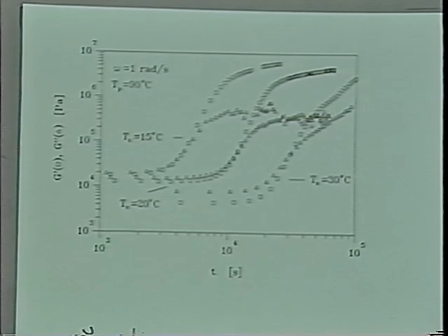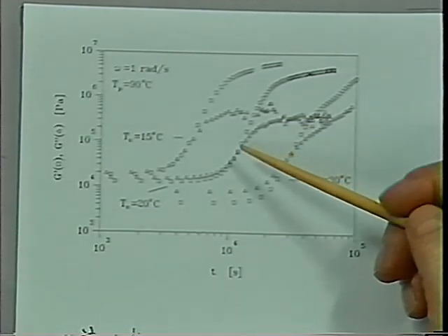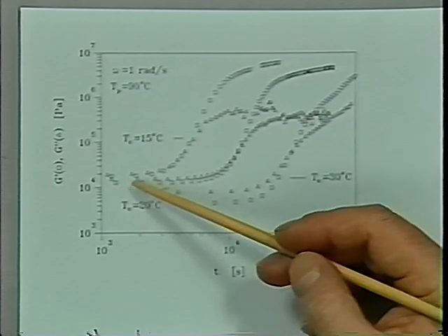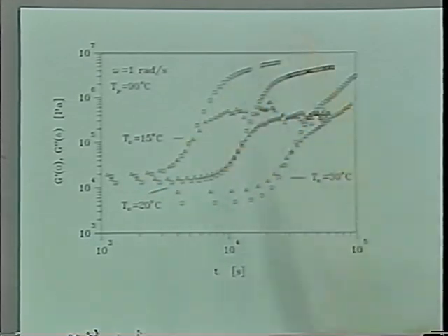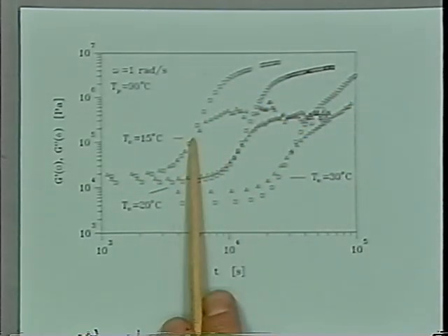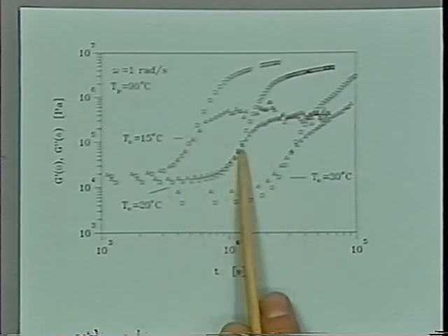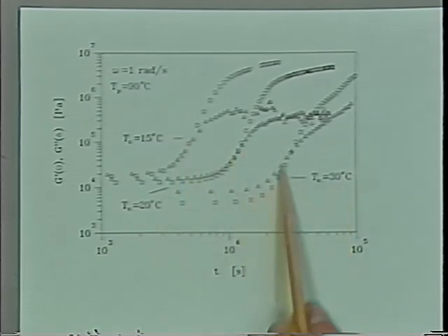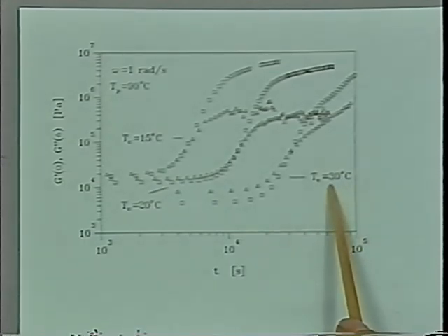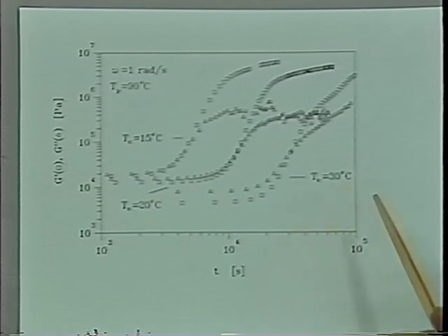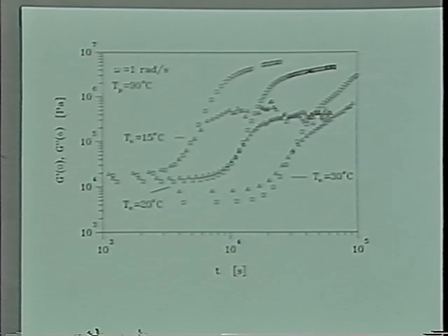At the deepest quench, the lowest crystallization temperature, crystallization occurs very fast, a little more slowly, and slowest at 30 degrees C. If you have a slow crystallization process at high temperature, you most likely get higher order crystals and different crystal sizes also. So the crystallization will depend on the choice of that temperature.